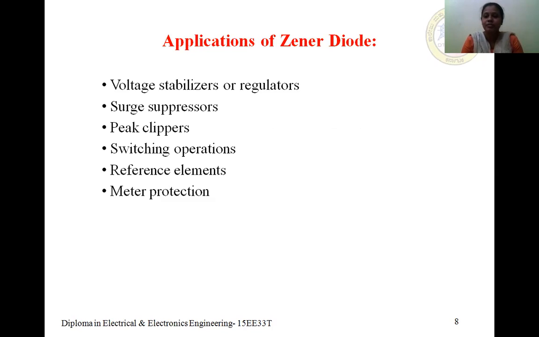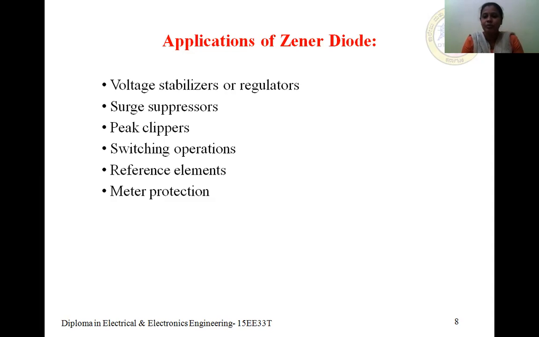Surge suppressors deal with a sudden rise in voltage spikes, which can be limited. There we can use the Zener diode to suppress these transients or voltage spikes, that is, a sudden rise in current or voltage for a fraction of a second.